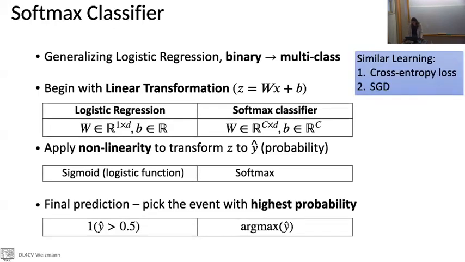And the learning and the optimization is going to be similar to what we saw before. We're going to apply the cross-entropy loss. It will be a slight change because we're going to have multiple classes now and multiple probabilities for each one, and we're going to apply SGD in order to update the weights and the bias.